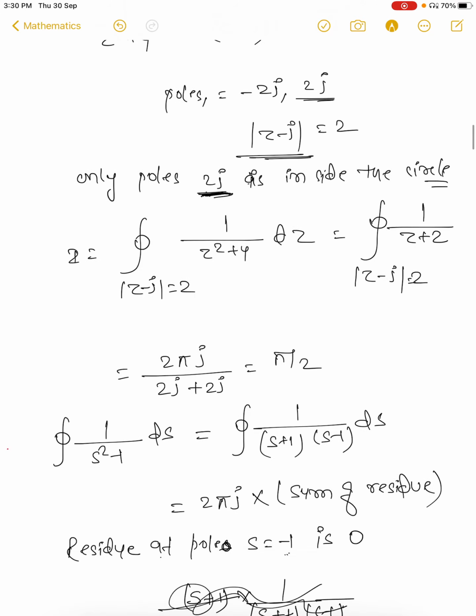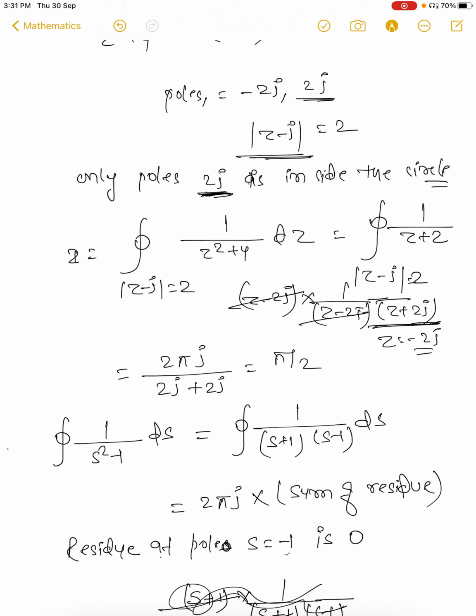So put z − 2j over (z − 2j)(z + 2j). This one cancels out, and you will get 1/(z + 2j) at z = −2j. This one is outside of the circle.